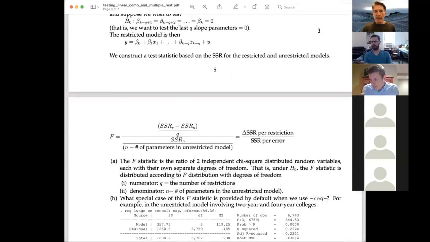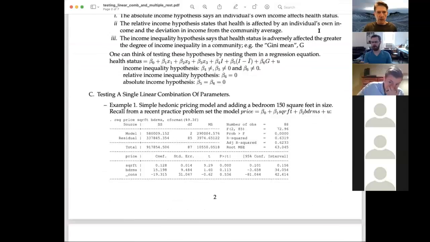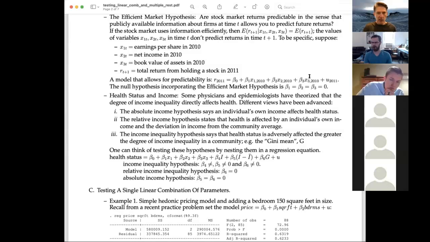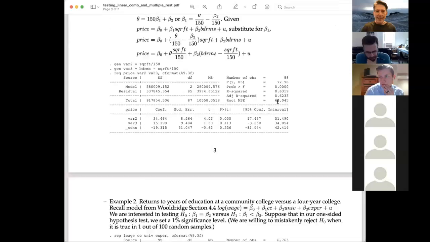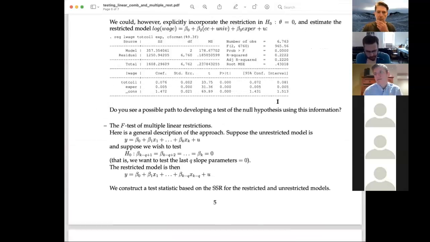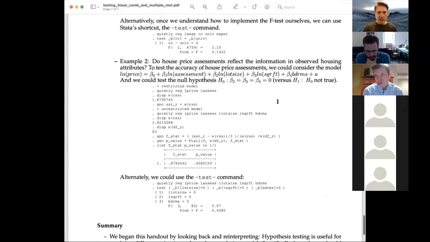It's kind of like when I explained the test for market efficiency up here, and I said, well, market efficiency means the expected value of the return next period, conditional on today's information, is equal to the expected value of the return next period, because if markets are efficient, they incorporate all of today's information. The same idea holds here.